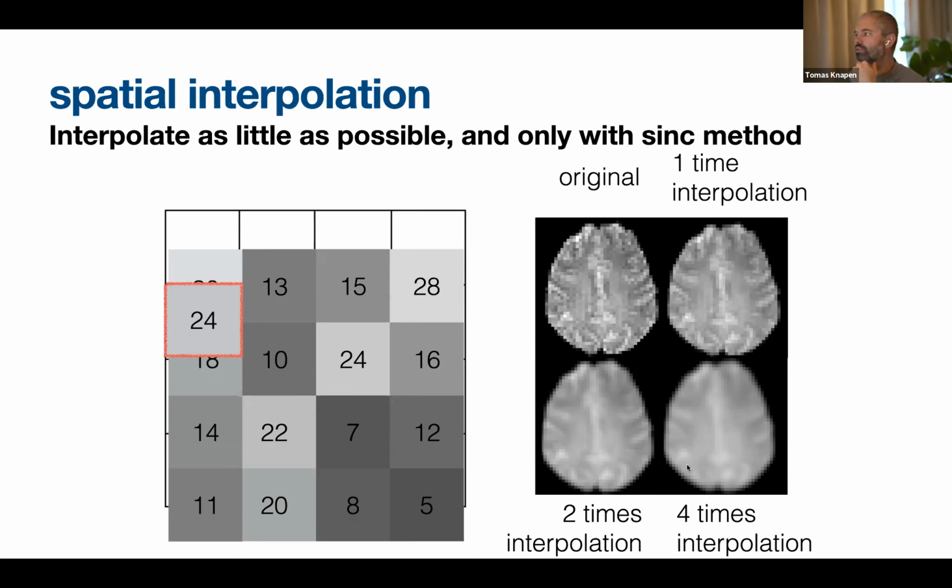So what you want to do is avoid this interpolation step, but calculate the motion correction parameters, calculate the warp field to go to some average subject, and combine them all in one single transformation step, and then perform one single interpolation. That's really what you want to do.